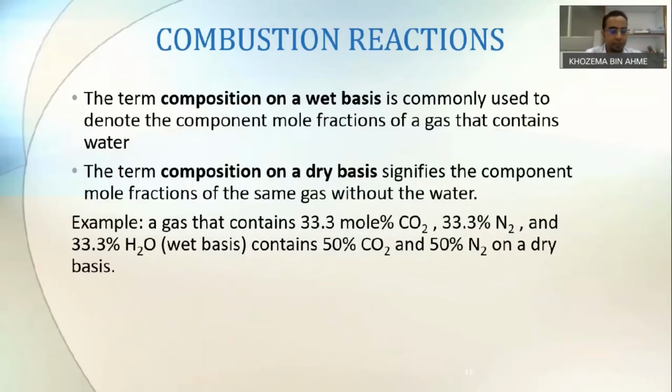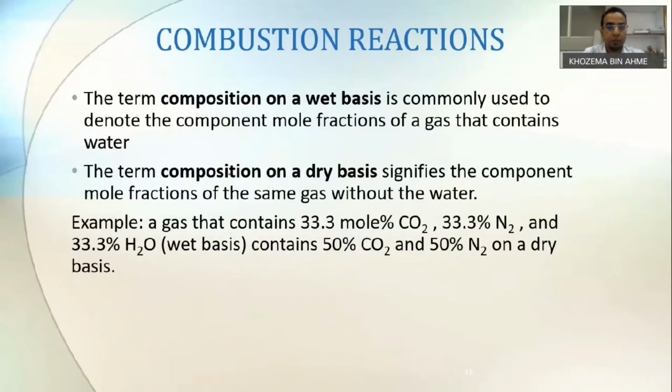As we mentioned earlier, when we have our combustion reaction, we produce some gaseous product. This gaseous product is usually known as stack gas. Now this stack gas can be defined on a wet basis or on a dry basis. If you remember, our product for a complete reaction will be CO2, for partial reaction will be CO, and we will definitely have water.